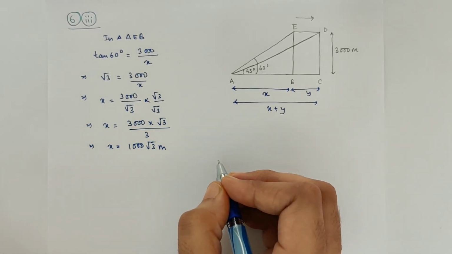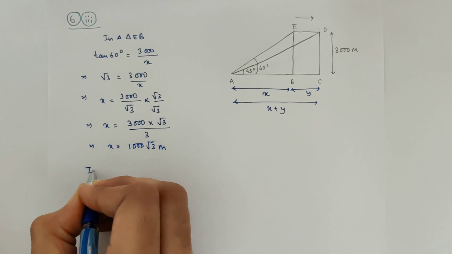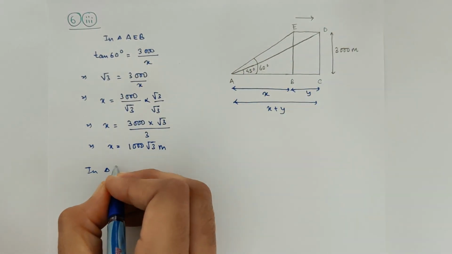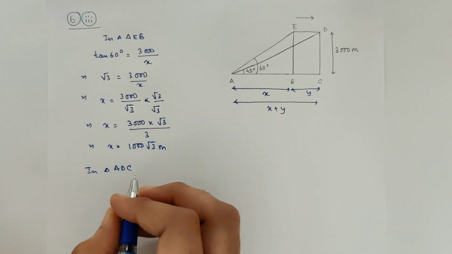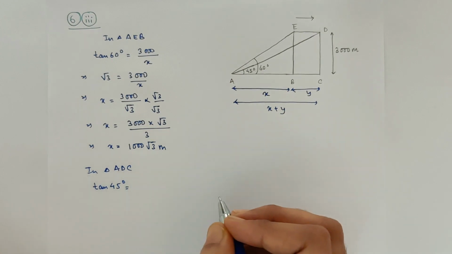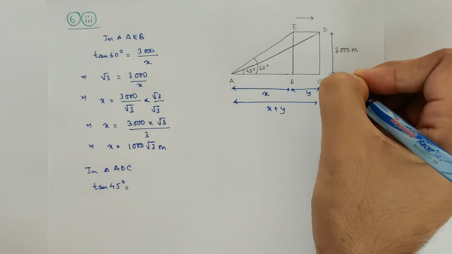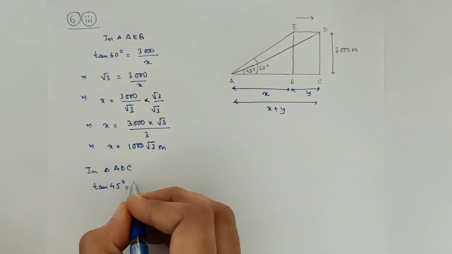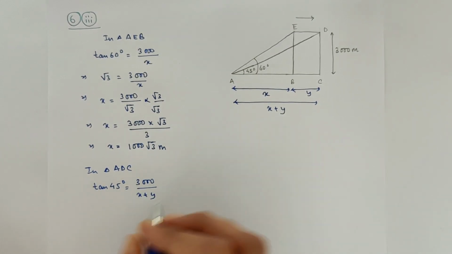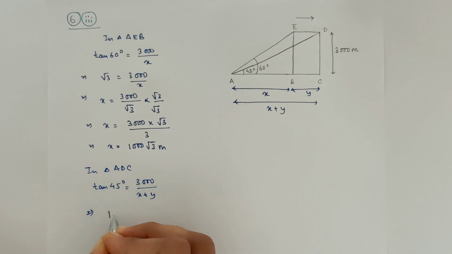Now we'll move on to the next triangle. So in triangle ADC, we have tan 45 degree is equal to the perpendicular by base, 3000 divided by x plus y. So we will have 1, which is the value of tan 45, is equal to 3000 divided by x plus y.